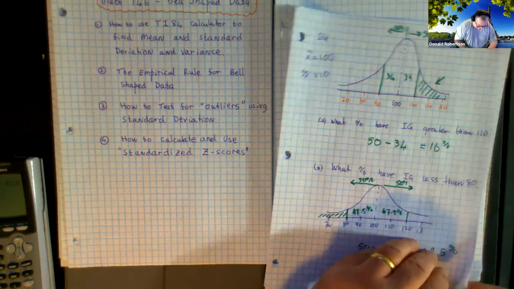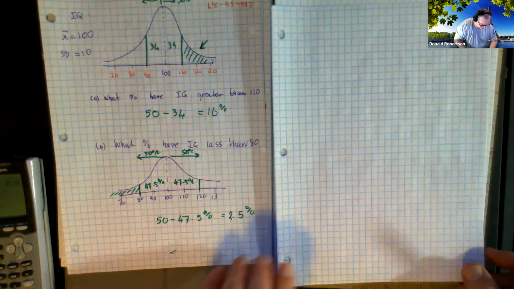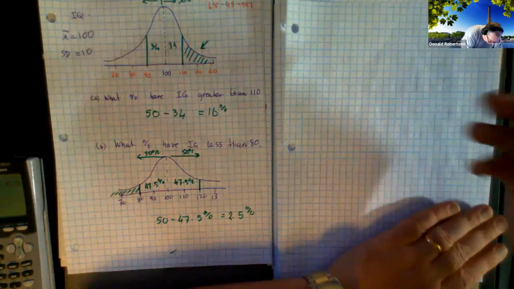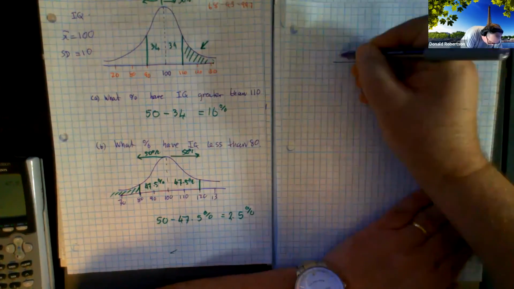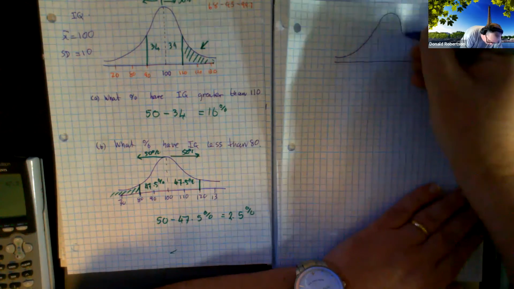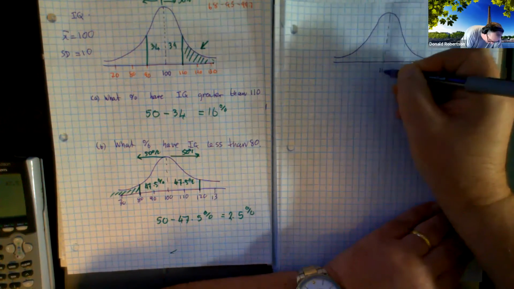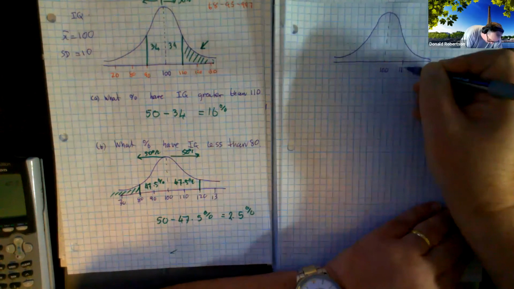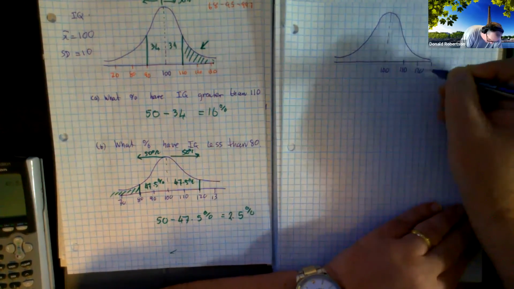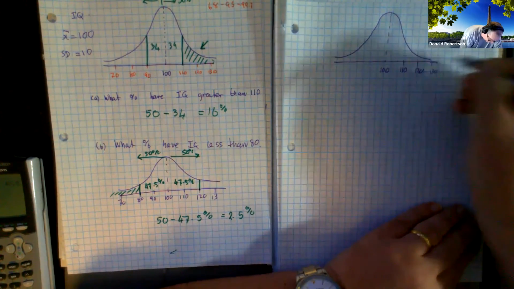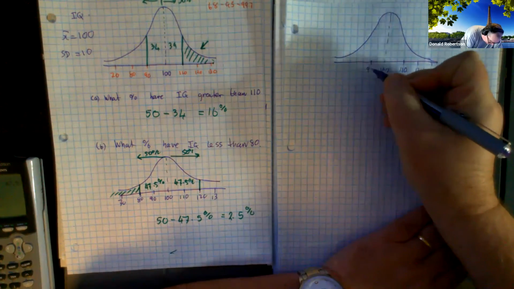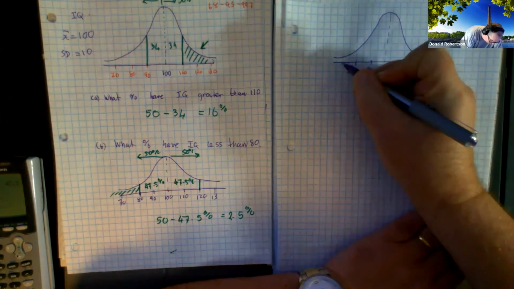I'll try to find this. There we go. So I'll draw my picture and then I'll ask the question. Here we go. There's my 100, 110, 120, 130. Technically, it's a little bit after that. Then it goes 90, 80, and 70, right?